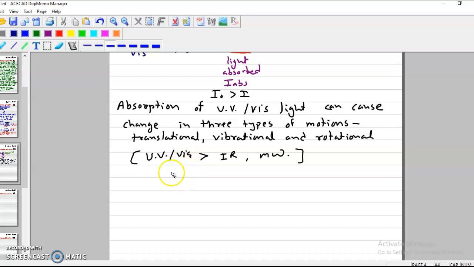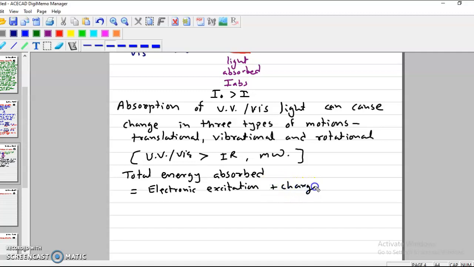And that is why the total energy absorbed is equal to energy required for electronic excitation plus change in vibrations plus change in rotations.